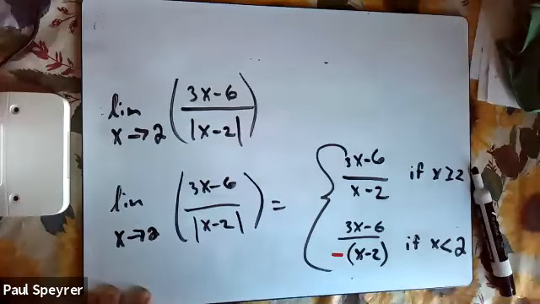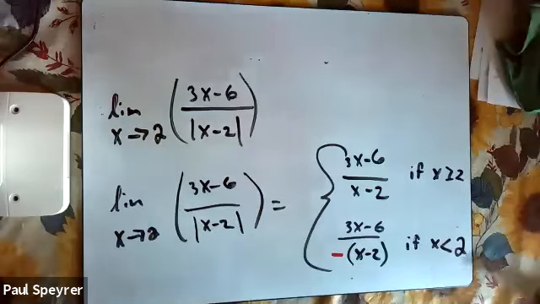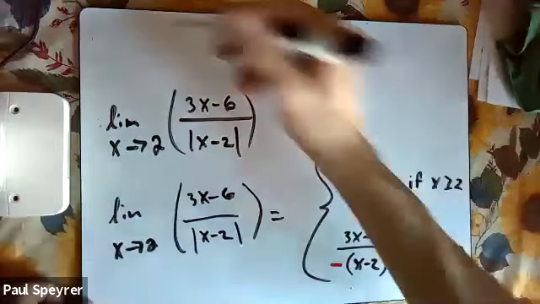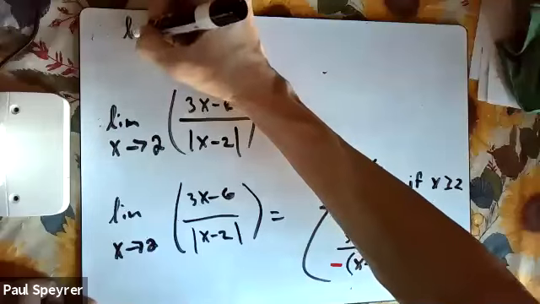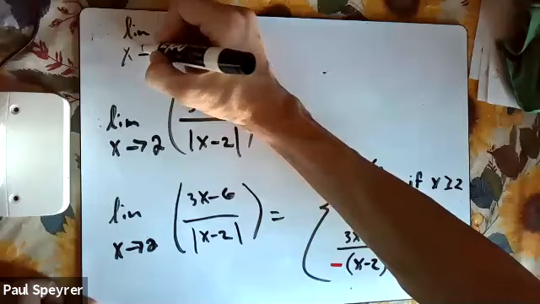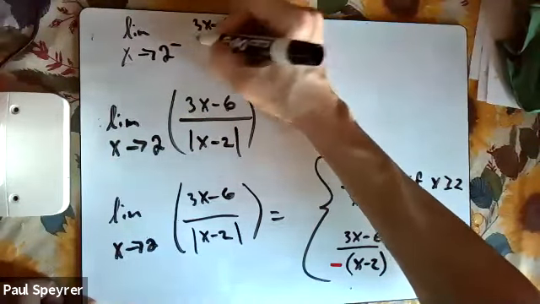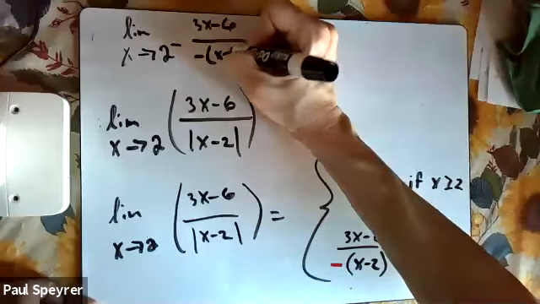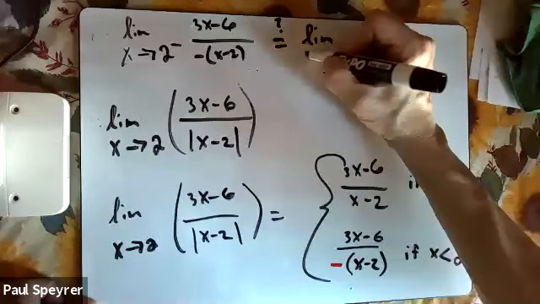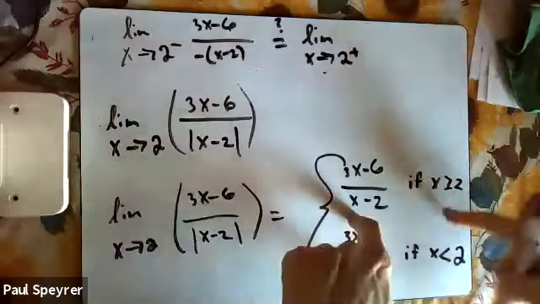All right, so what does this look like? We're going to test the limits to see if they both equal the same thing from the left side and the right side. So we're being asked, does the limit as x approaches 2 from the left of 3x minus 6 over negative x minus 2 equal the limit as x approaches 2 from the right of, remember we're using the top function?